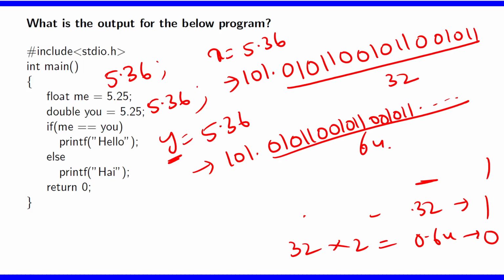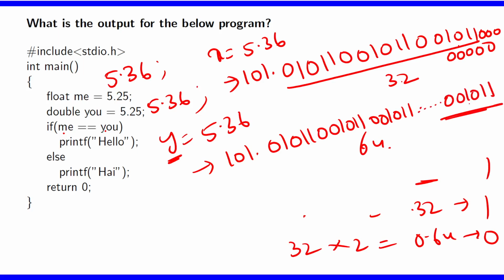Now, when I am comparing two numbers of the same floating point family, the compiler will try to increase the size of the lower size variable. So this is 32, and the compiler will extend it by adding more zeros here. The last digits here would be something like 0 0 1 0 11, but here the compiler has appended more zeros to make it 64 bits.